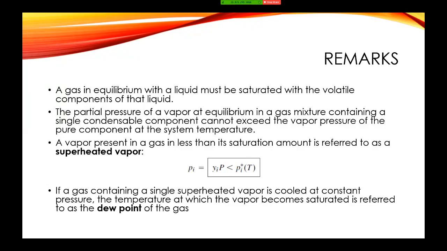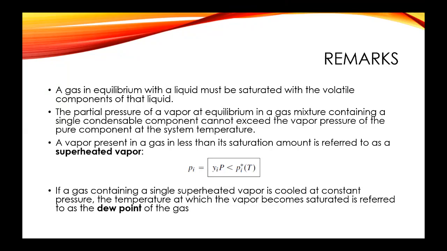Okay? Vapor present in a gas in less than its saturated amount is referred to as a superheated vapor. So what this means is that, for example, we saw that the vapor pressure at 75 degrees was 289, right? So if you are at that temperature, but you are at a lower pressure of the vapor in the gas, you're going to have a superheated vapor, right? It means that to be saturated, you would need to lower the temperature a little bit.